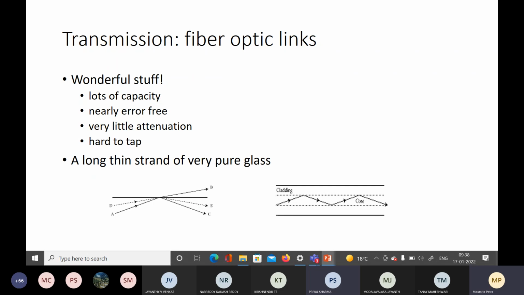Anybody else can also answer. Ma'am, whenever a ray is incident from one medium to another medium, their refractive indexes are different. Whenever the relative refractive index is more than one, the ray will be reflected.